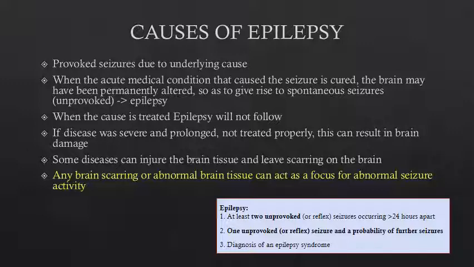As the cut heals, it turns into a scar, permanently altering the skin around it. Similarly, this can happen with brain tissue as well. Any brain scarring or abnormal brain tissue can act as a focus for abnormal seizure activity long after the acute condition is healed.